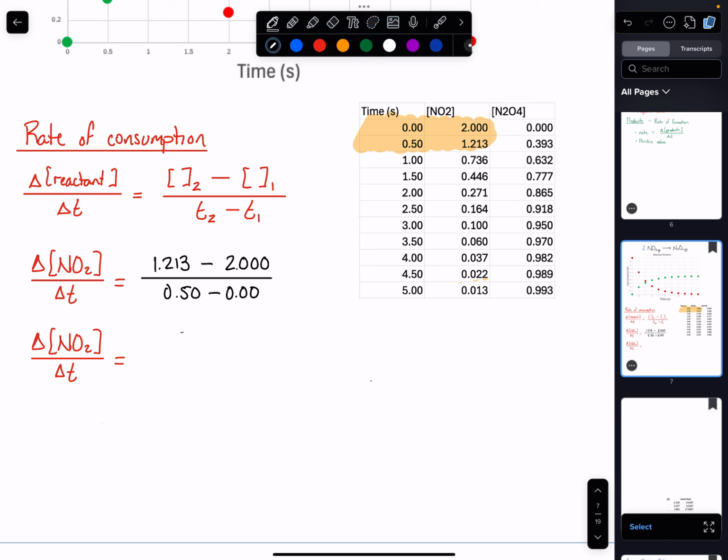Okay, punch that into my calculator. I get a negative, which is good because we're talking about a rate of consumption here. Negative 1.574. If we're being good with our sig figs, we should have 2, so I'm just going to mark that with a bar.